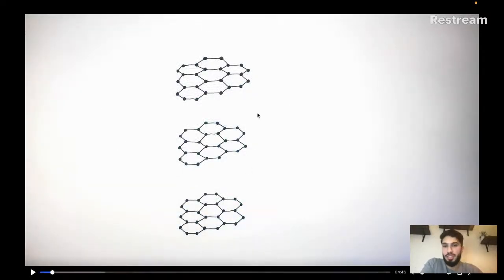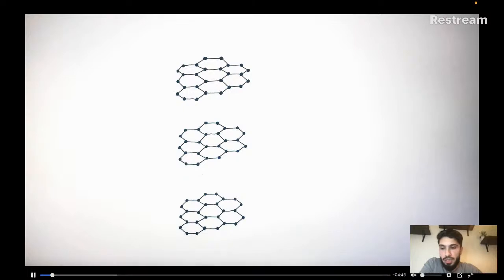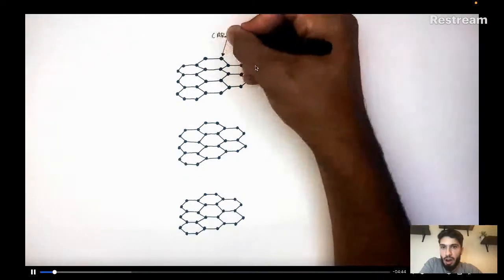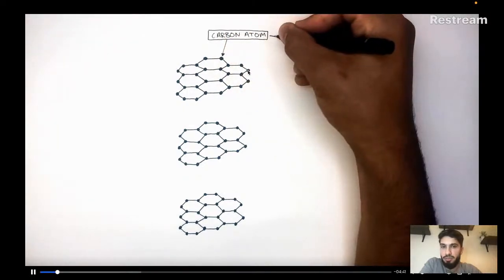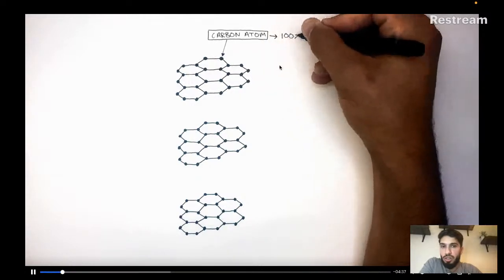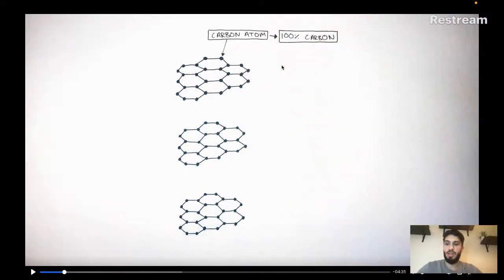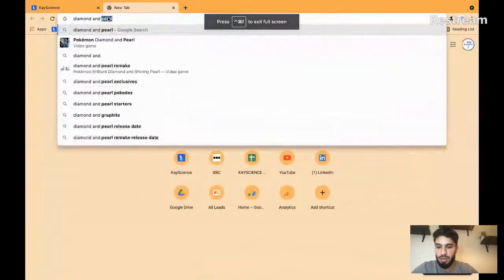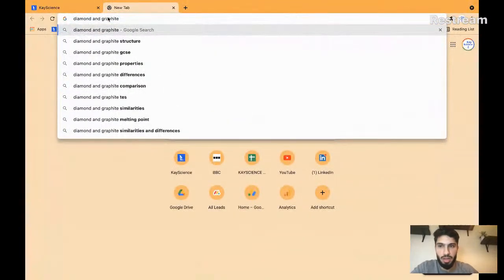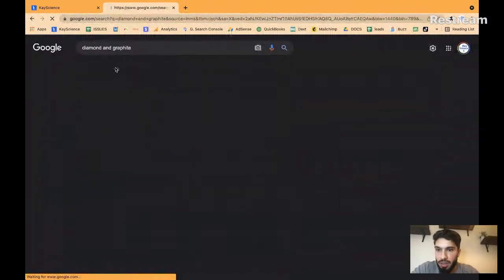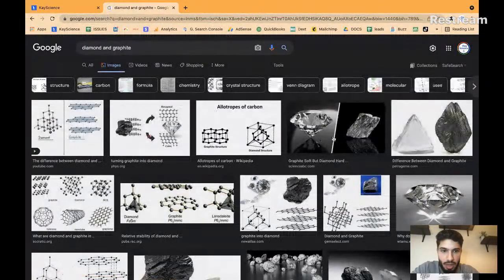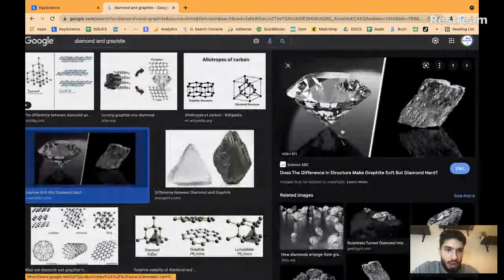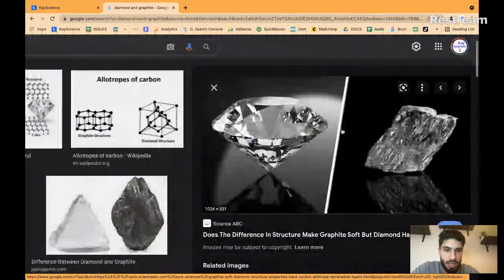This diagram represents the structure of graphite. Now, these black circles represent carbon atoms. Graphite is made of 100% carbon. Now, something that you need to understand is that diamond and graphite are both made of carbon, yet they have completely different properties.